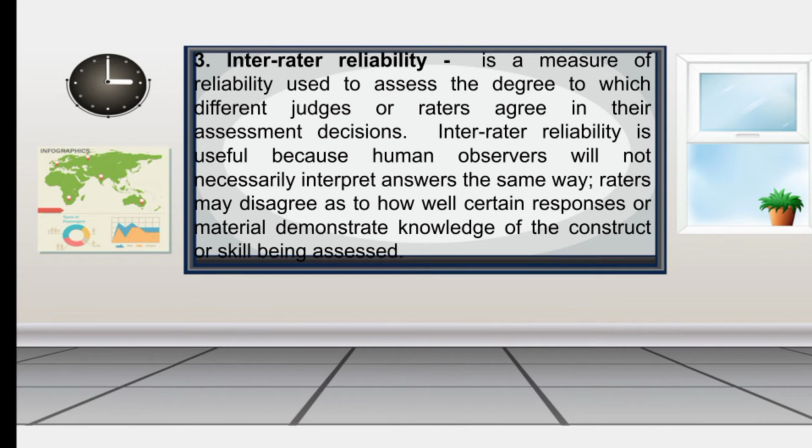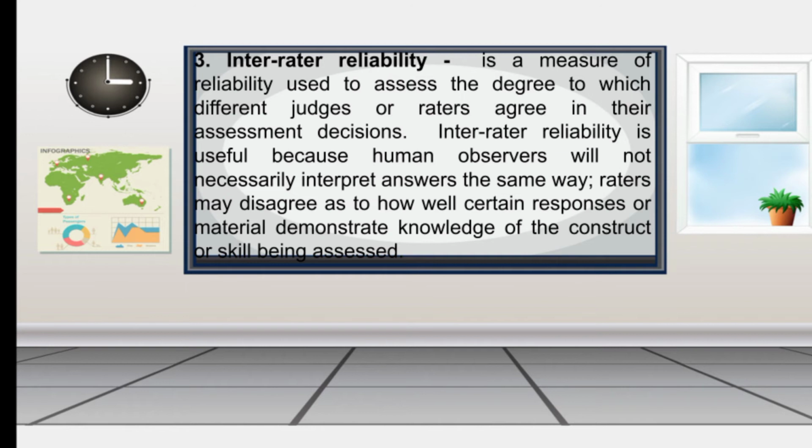Next is inter-rater reliability. It's a measure of reliability used to assess the degree to which different judges or raters agree in their assessment decisions. Inter-rater reliability is useful because human observers will not necessarily interpret answers the same way. Raters may disagree as to how well certain responses or material demonstrate knowledge of the construct or skill being assessed.